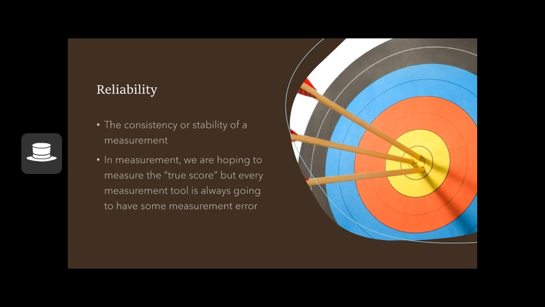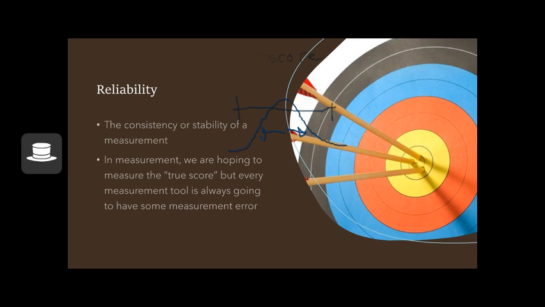So when we're measuring something, we're always trying to get to a true score, right? But there's always some degree of measurement error.